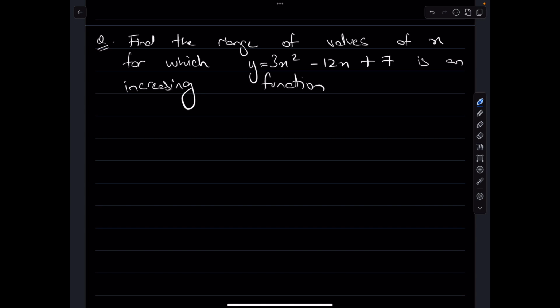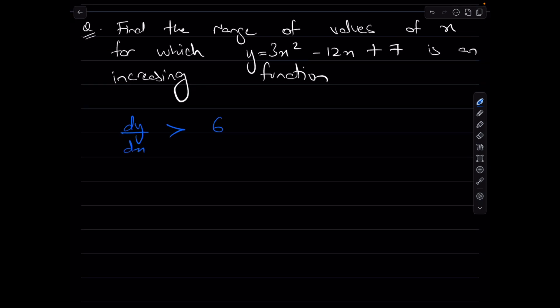So let's say, for example, we have to find the range of values of x for which this equation is an increasing function. So the first step is to find dy by dx. This is a quadratic, so the differential is 6x minus 12, which is linear, and thus we will write this as greater than 0.